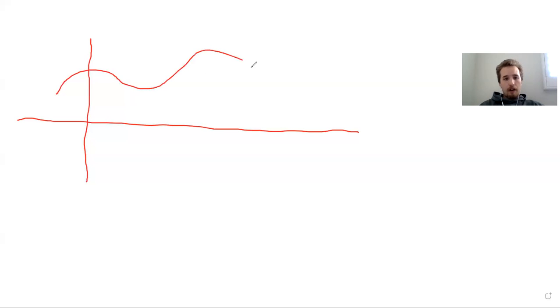This curve can be whatever, a random curve, right? And we want to find the area from A to B. A way we can find the area under this curve is by drawing rectangles, right?